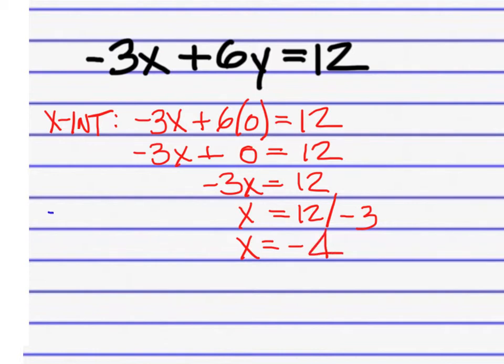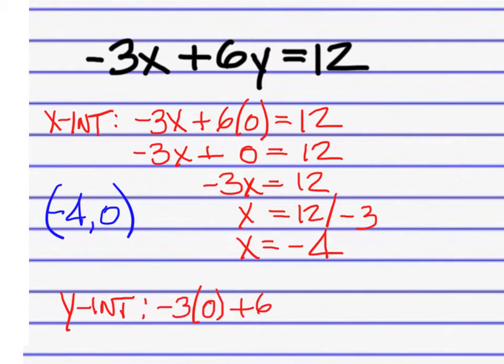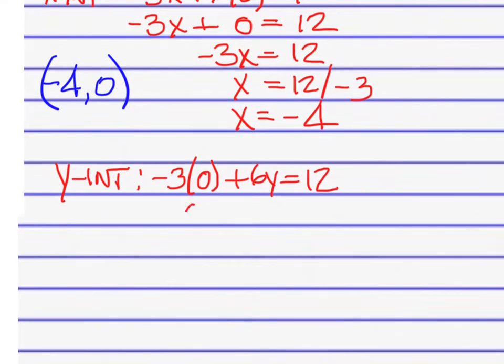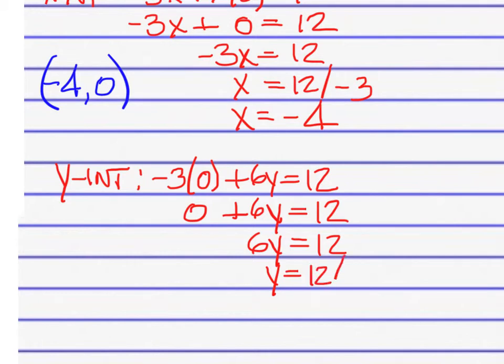So that means our x-intercept is negative 4, 0. So now to find the y-intercept, we plug a 0 in for x. And a negative 3 times 0 is just 0. 0 plus 6y is 6y. So divide the 12 by 6 and come up with a y value of 2. That means your y-intercept is 0, 2.